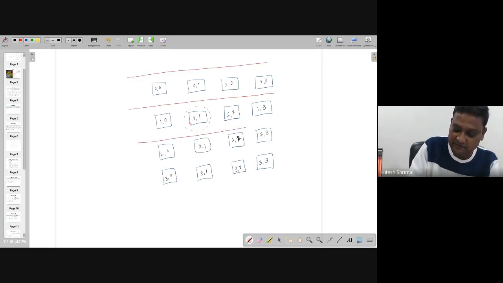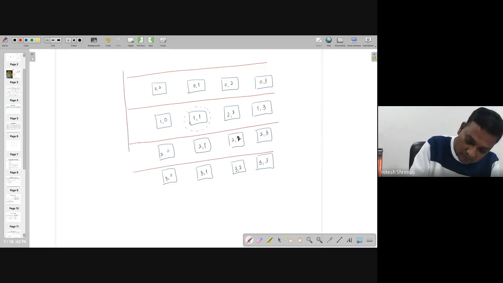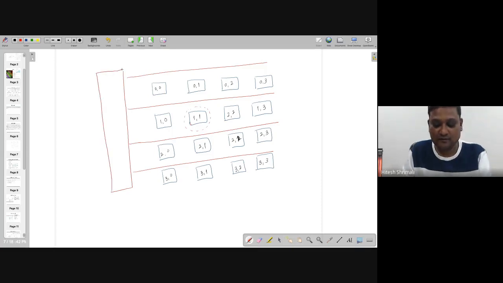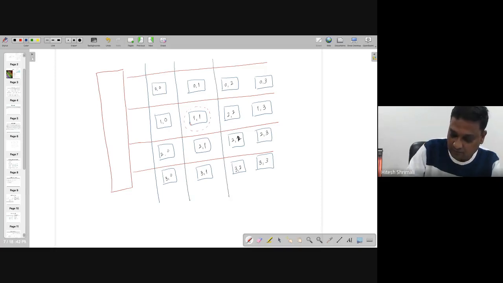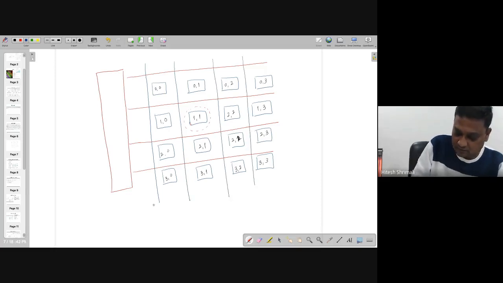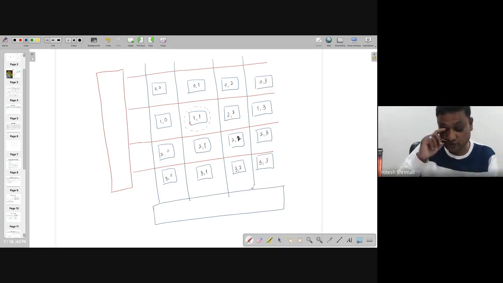Look at this. And I'm going to keep some vertical lines which are going to be controlled by this red color box and the blue color box.